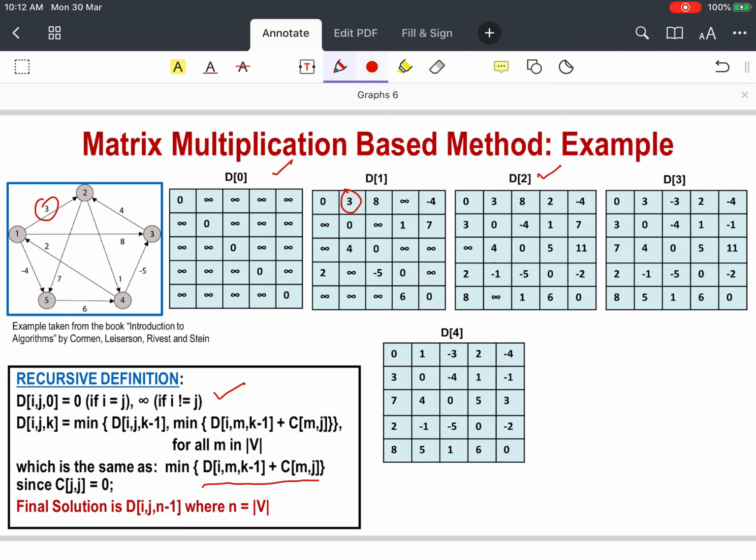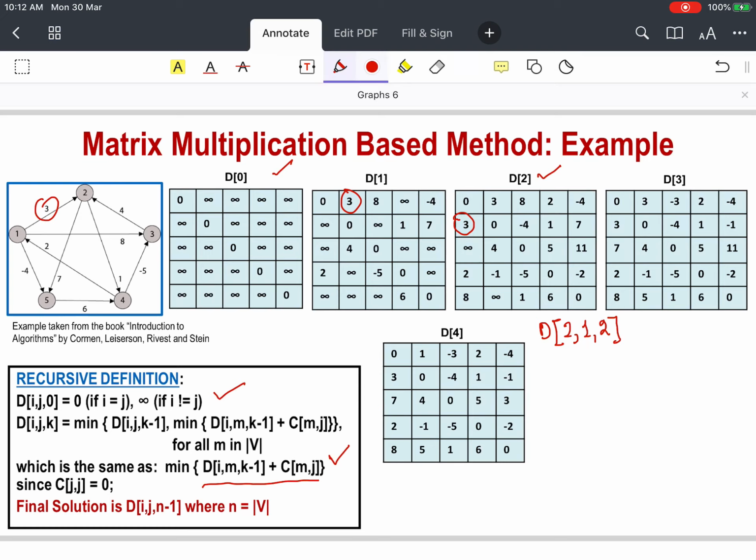Let us see how D2 is defined, and for that let us try to compute the value of this element. So this element is D2, 1, 2.